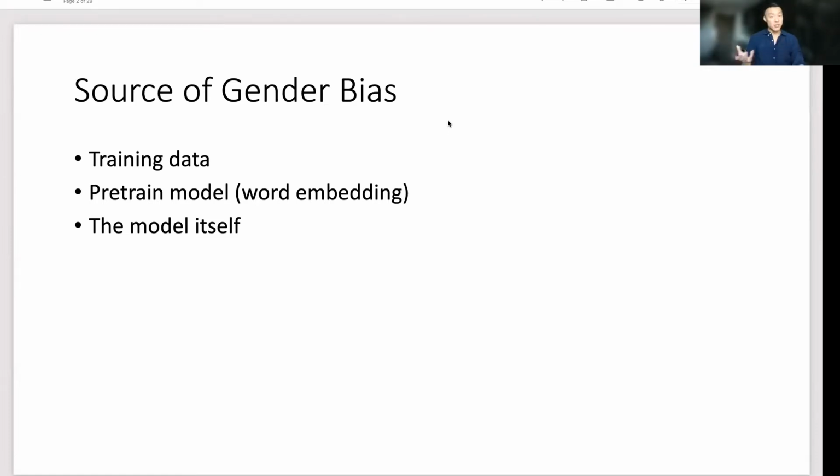We feed it a bunch of examples so that it learns from those examples and then tries to do something intelligent by learning from the data. So that's why training data is a very important source of it. But we'll see later in the studies that I'm going to present next that people have proven that this is actually the case.